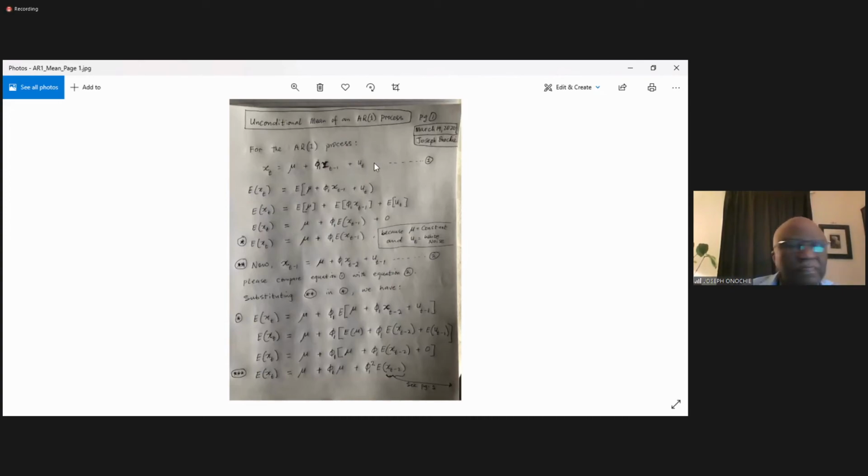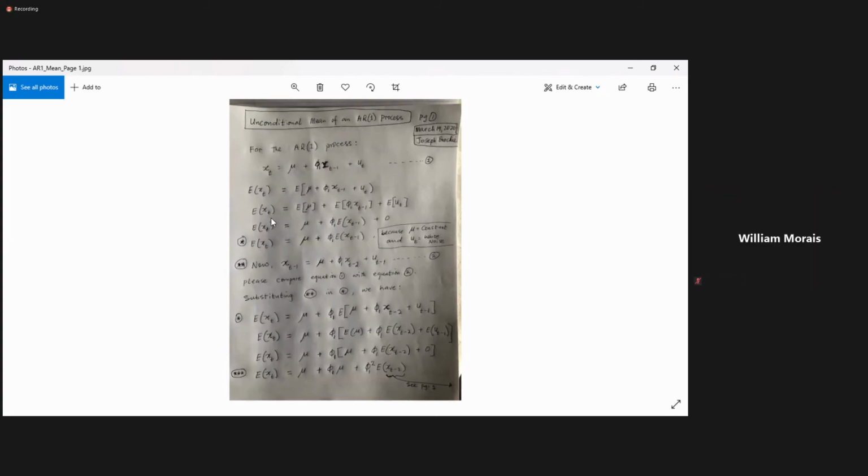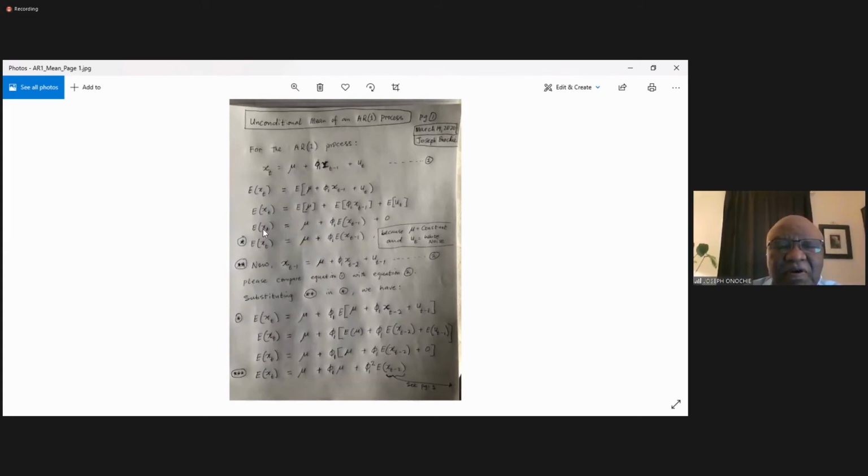So that means the expected value of the time t return, or process, is the same constant plus phi, the coefficient, times the expected value of the one period lagged return, plus 0. Therefore, the expected value is equal to mu plus this. It's in your textbook.